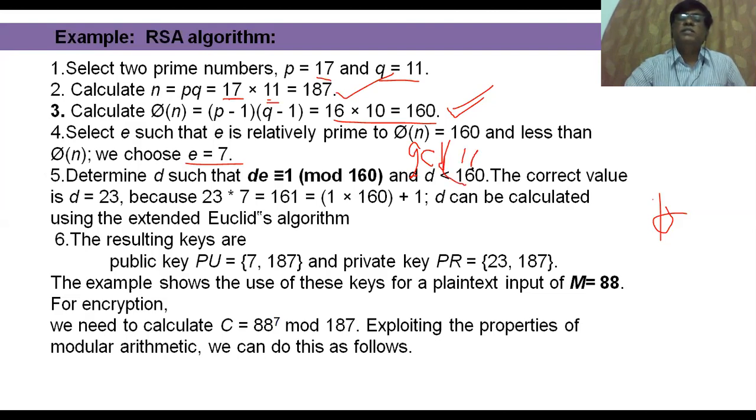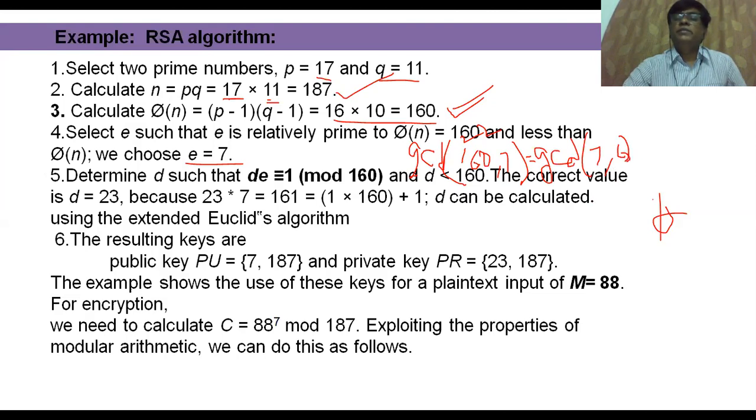GCD of 160 comma 7. How many times does 7 divide 160? 7 twos are 14, so 20 will be there. 7 twos again, 14, so 6 is there. The remainder is 6.